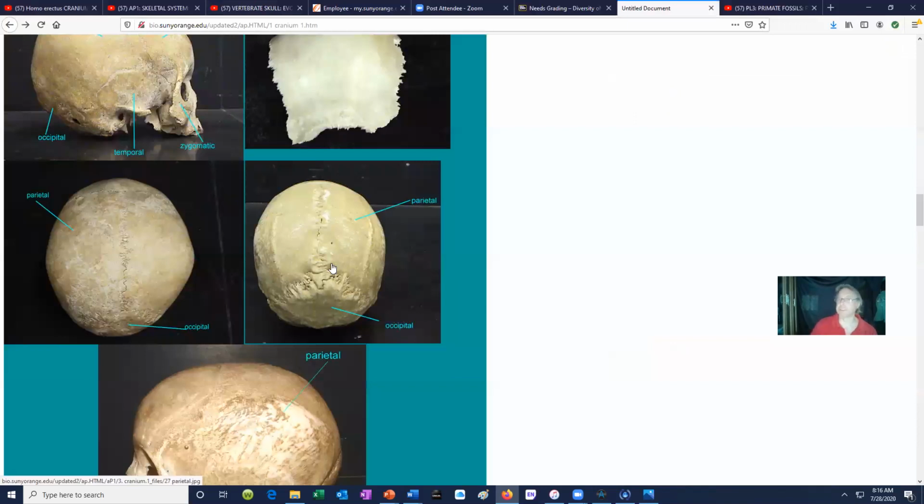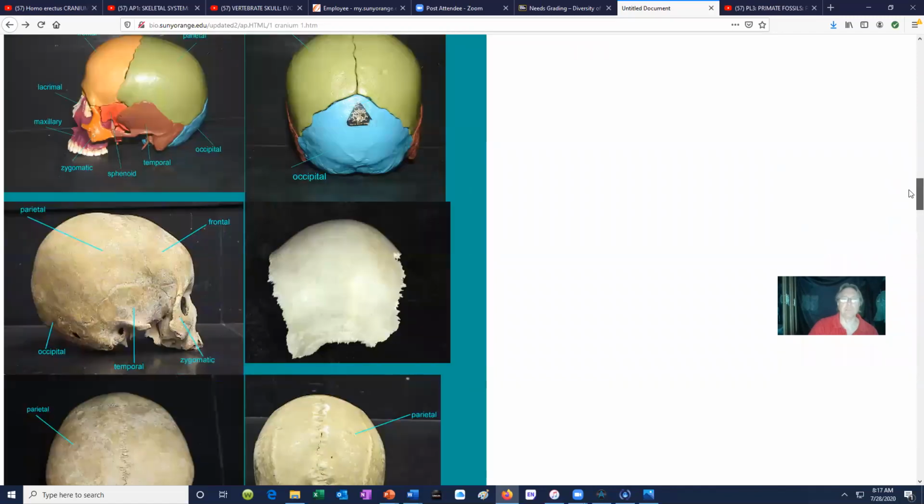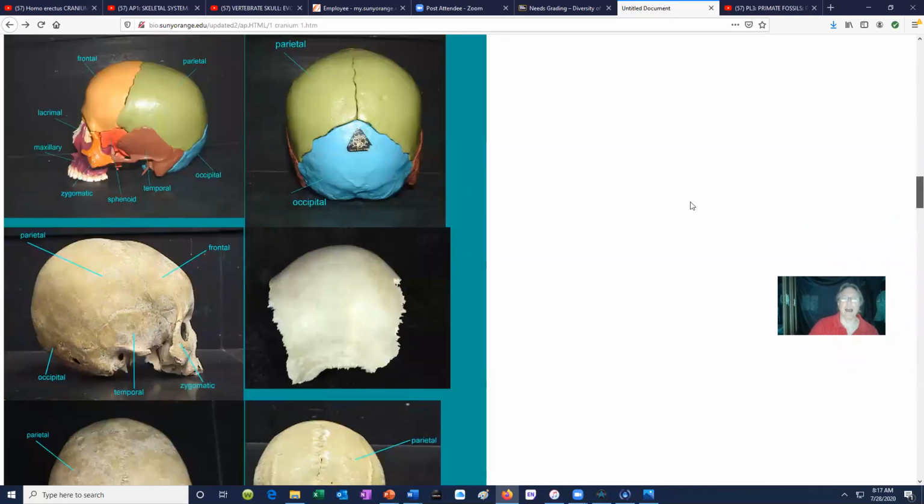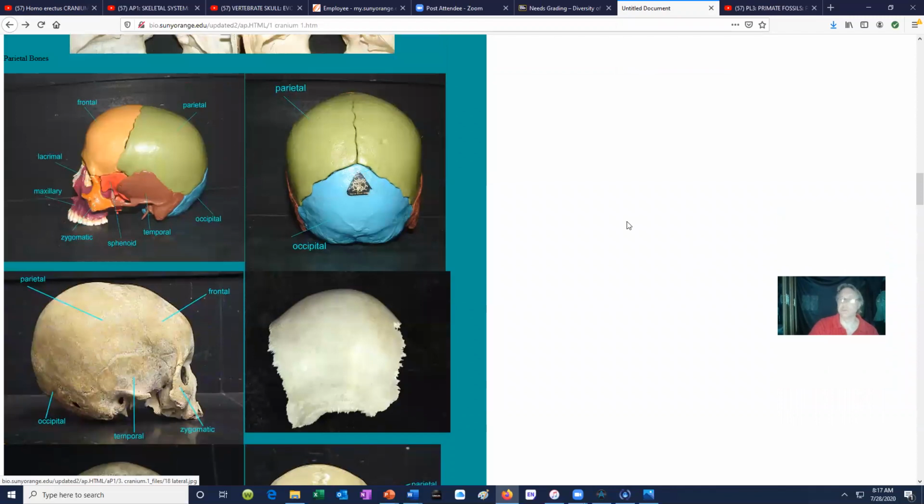Now, as we will discuss when we talk about joints and articulations, you don't have to be able to move to be considered a joint in the skeletal system. And so here we see joints between the two parietal bones. We see joints between the parietal and the temporal bone, etc. We call these sutures.